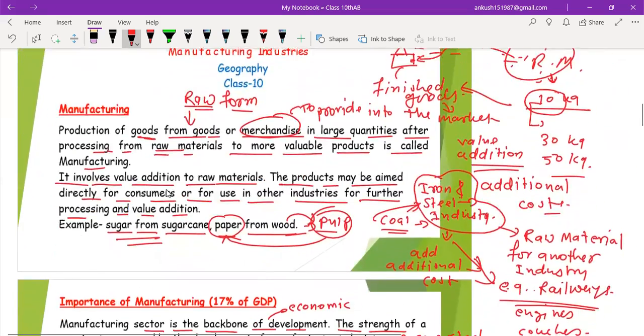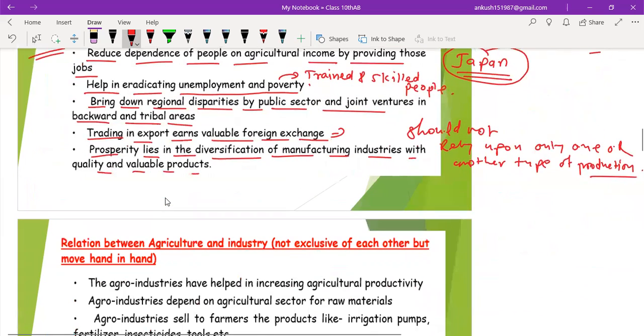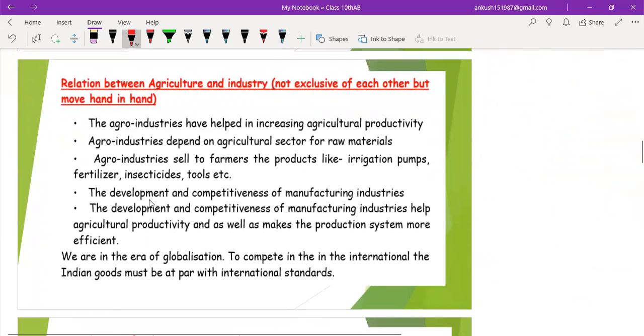Yes, sir. This is a very important chapter. See here it is written that 17% of GDP is being generated by manufacturing industries. In our country, there are a lot of people who are rich enough, wealthy enough, and they run successful businesses throughout the country, and they are providing jobs to other people, generating employment.